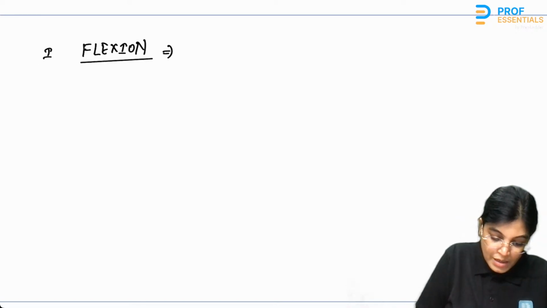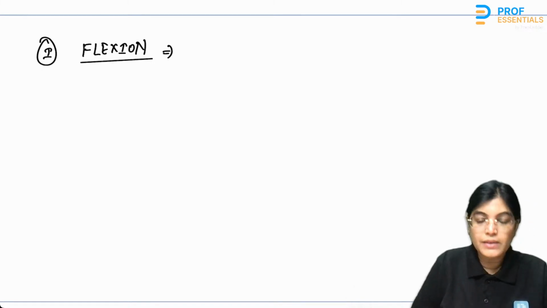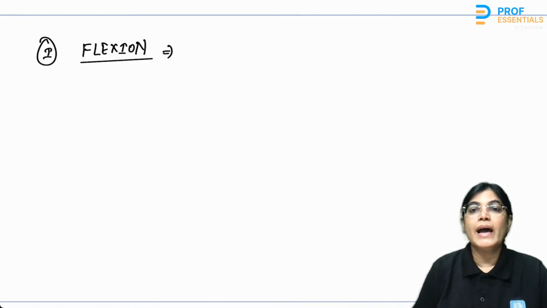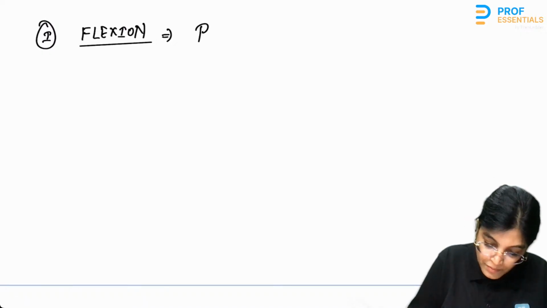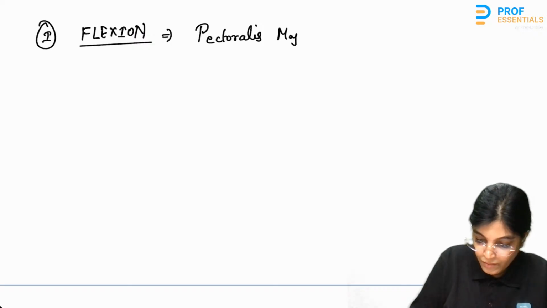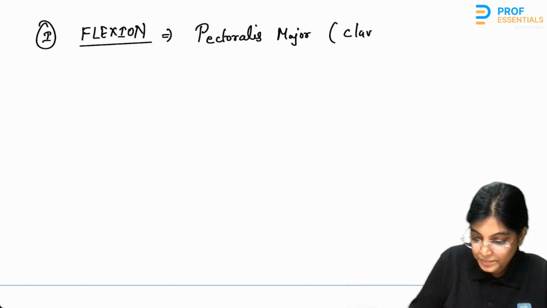The first movement is done by the pectoralis major muscle, and I have already told you, the clavicular part. So the prime muscle is the pectoralis major muscle, clavicular part.